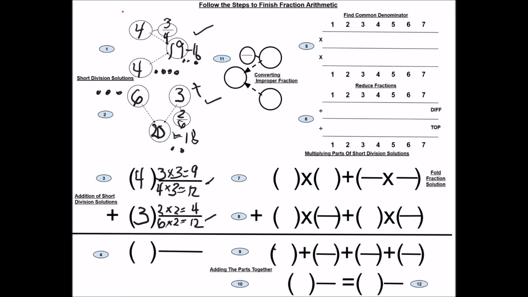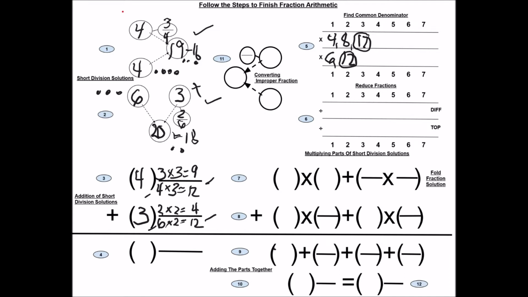Now, since we are adding fractions, if we review, we know we need to first find the common denominators for 4 and 6. So we can go up here and put 4 and 6, and we see that 4 times 1 is 4, 4 times 2 is 8, 6 times 2 is 12, and 4 times 3 is 12. So our common denominator we can see is 12.